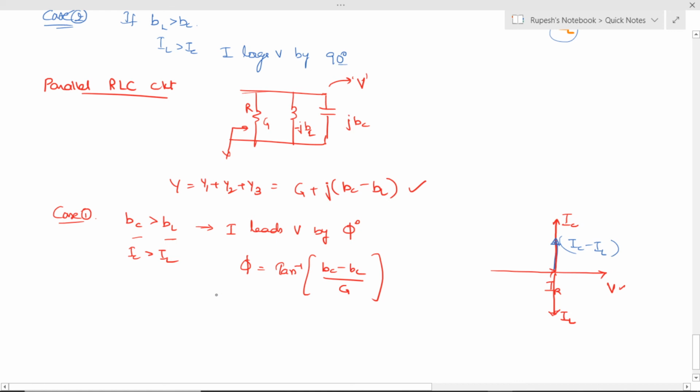So the magnitude of the resultant current I flowing through all three elements is given as root of IR square plus (IC minus IL) whole square. And this is case 1.